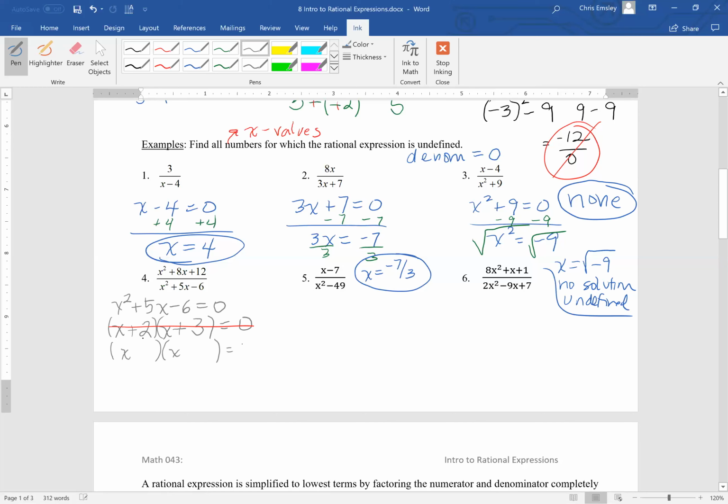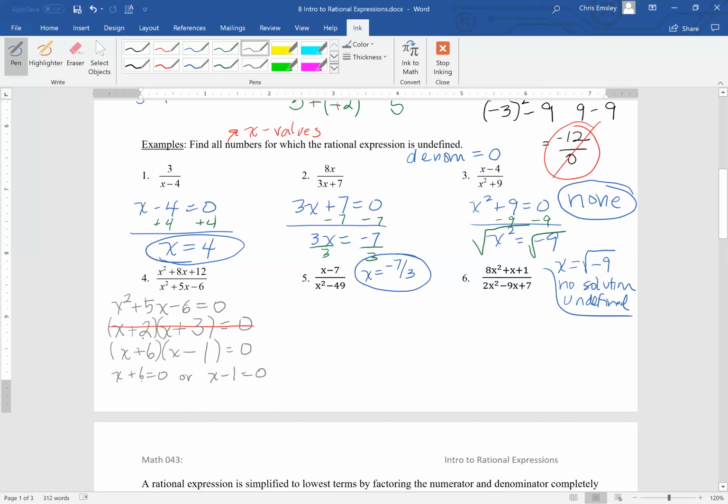So 2 and 3 seems no good, so let's try 6 and 1. To get that positive 5 in the middle, we would need a +6 and a -1. And double check, does that give me a -6 for my final term? 6 times -1 is -6, so yes, that works. Once we have it factored, we take each factor and set them equal to 0.